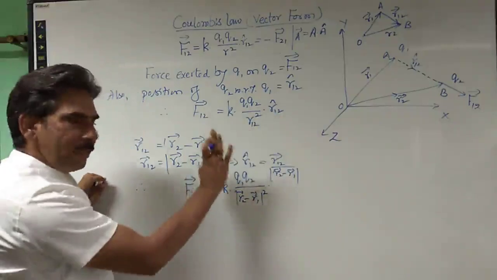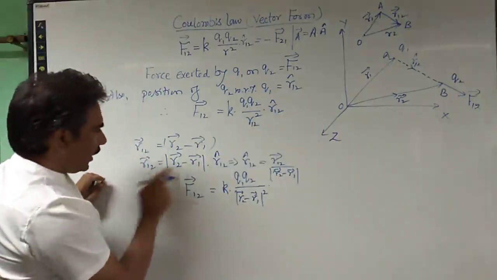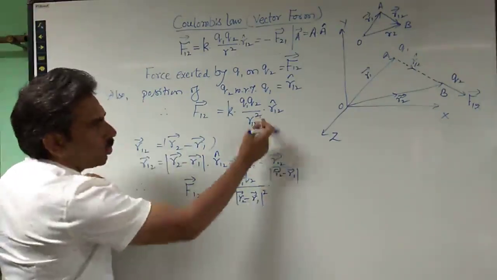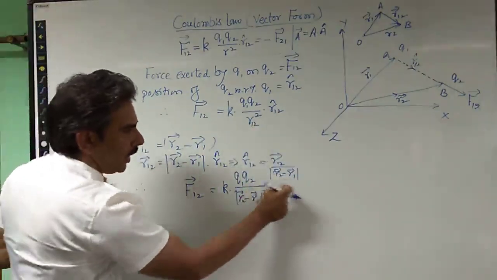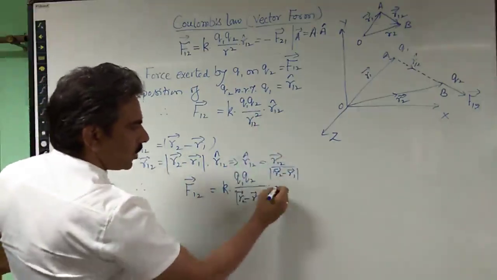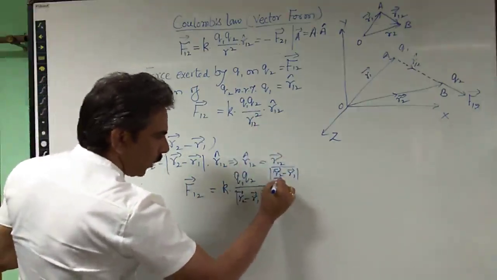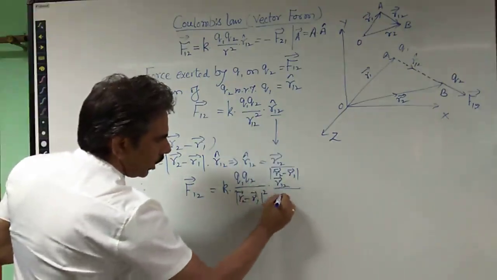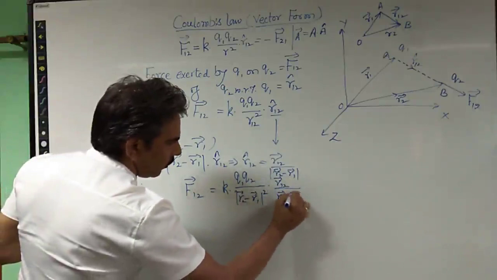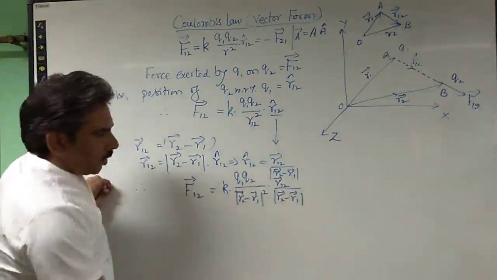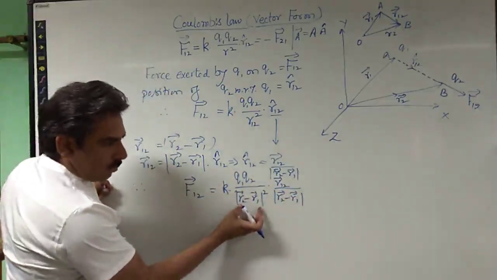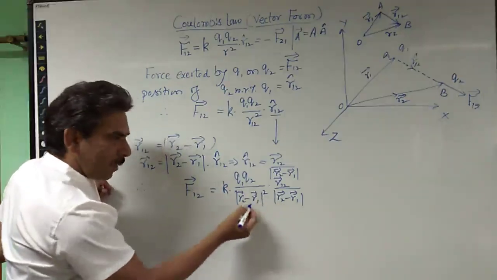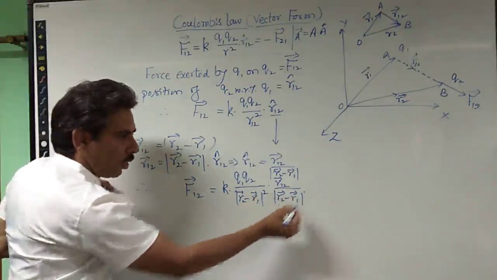So R12, which is a magnitude, we are writing as the magnitude of R2 vector minus R1 vector. We are putting the square sign here. And this unit vector is written as R12 vector divided by the magnitude of R2 vector minus R1 vector. So in the denominator we are getting the magnitude square into magnitude, the same magnitude. So it becomes power 3. Here is power 2, here is power 1, so it becomes 3.